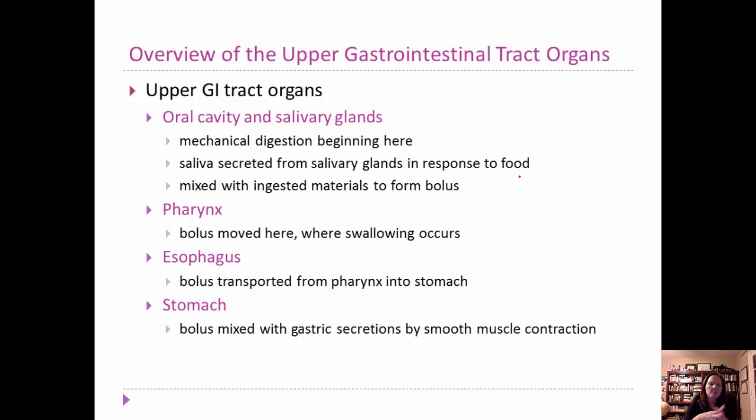That's our bolus. So from there, it goes to the pharynx, to the esophagus, and then eventually to the stomach, where we're going to break down that bolus of food, mix it with gastric secretions, and it is going to form something called chyme in the stomach.